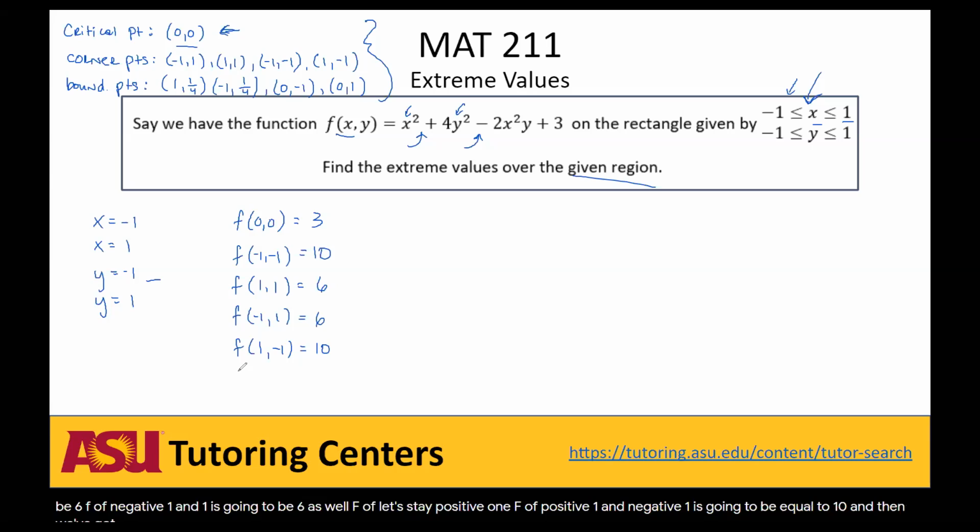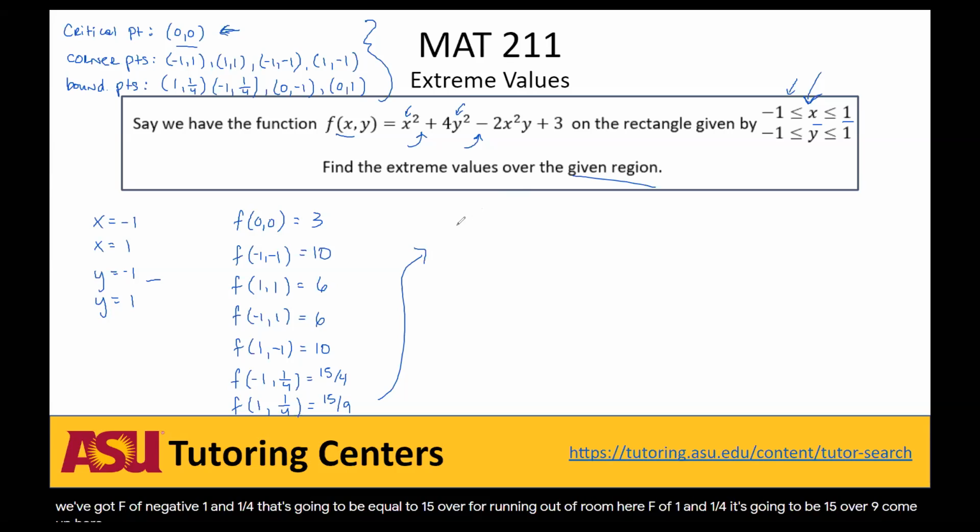And then we've got f of -1 and 1/4. That's going to be equal to 15 over 4. Running out of room here. f of 1 and 1/4 is going to be 15 over 4. Come up here. And we've got, last two points here, f of 0, -1 equals 7. And f of 0 and 1 is also equal to 7.